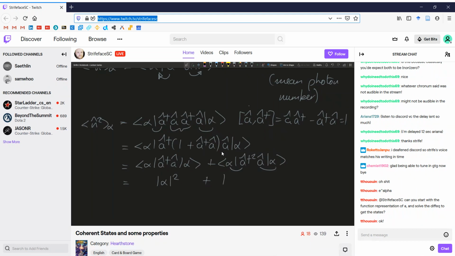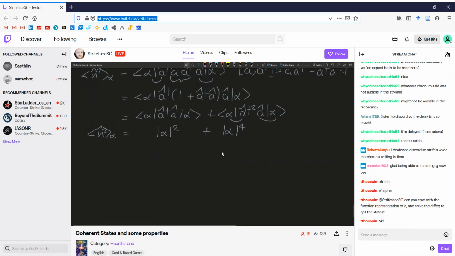And this is going to be alpha squared, and what we get is the variance equals alpha squared. We have the number.